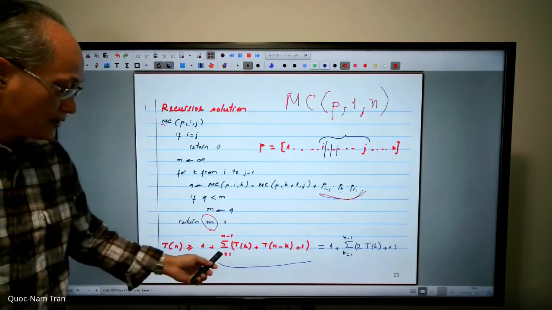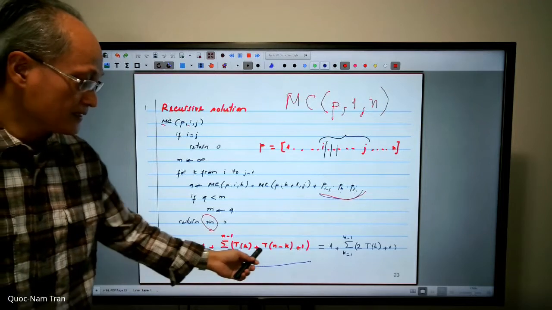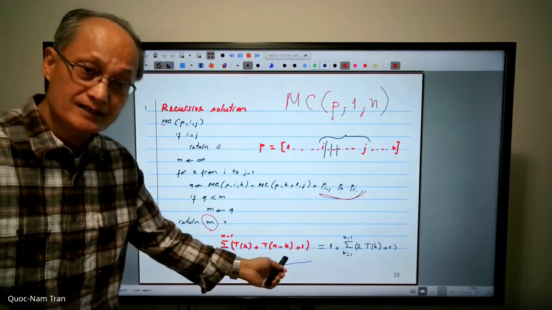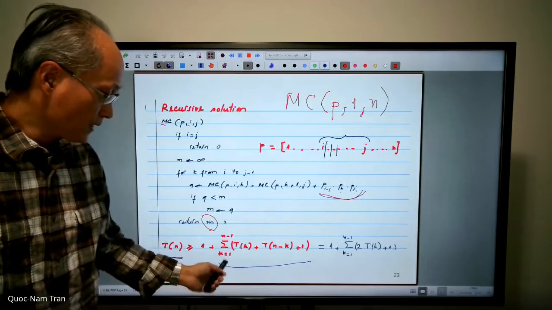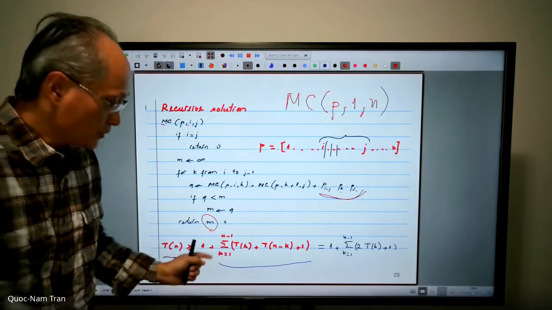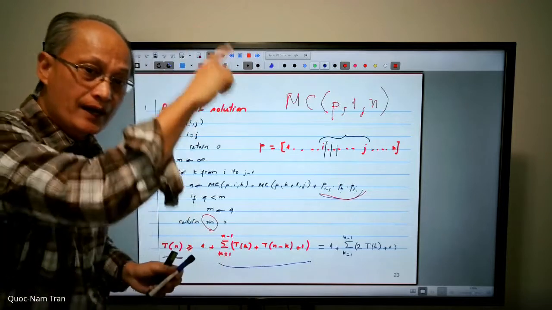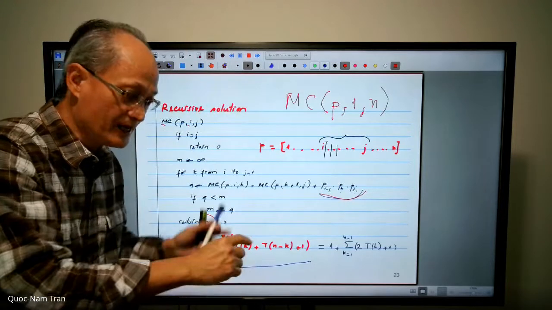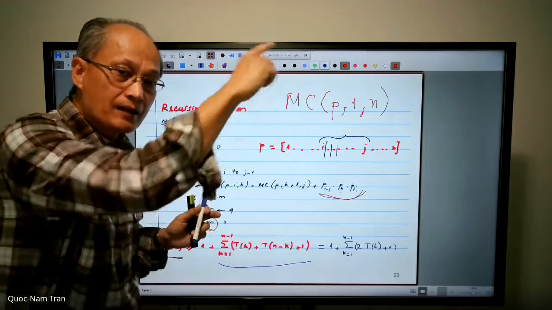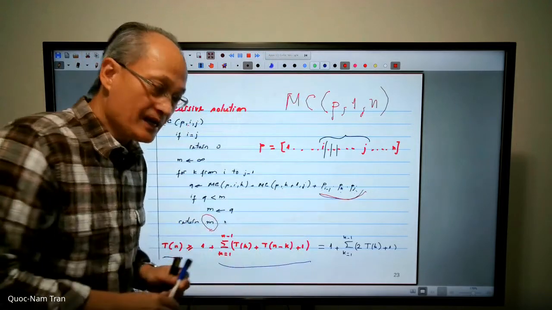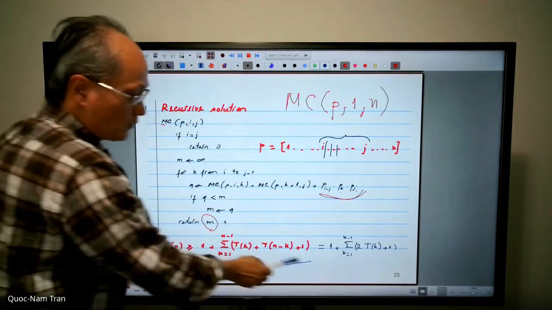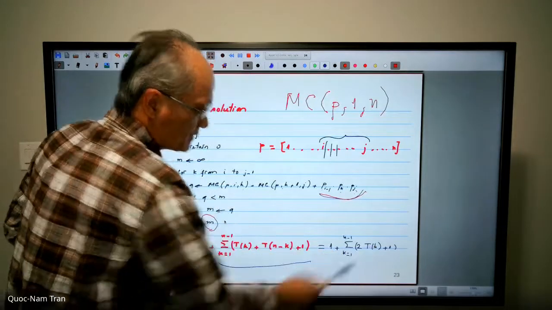Here we have the sum of Tk and T of n minus k, for k from 1 to n minus 1. These two sums will be the same: one goes from 1 up to n minus 1, and the other goes from n minus 1 down to 1. In other words, the sum will be 2 times Tk.